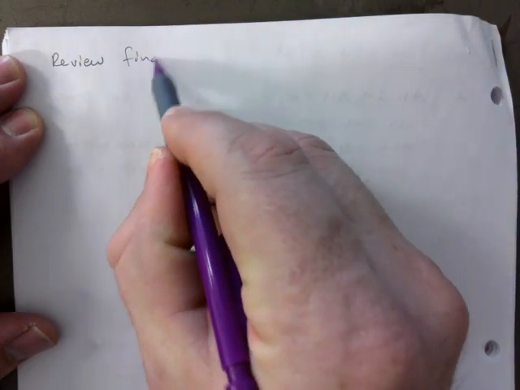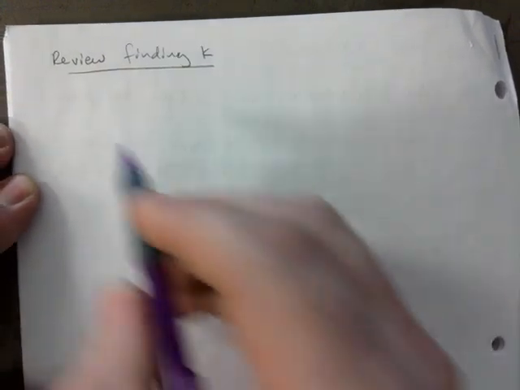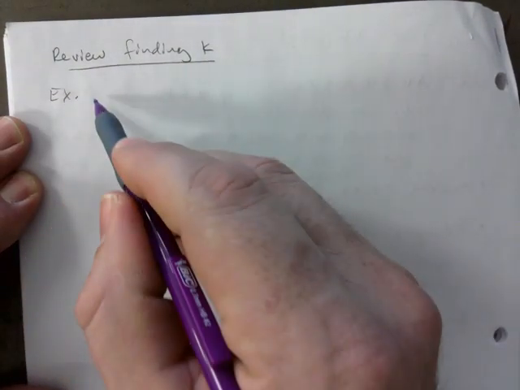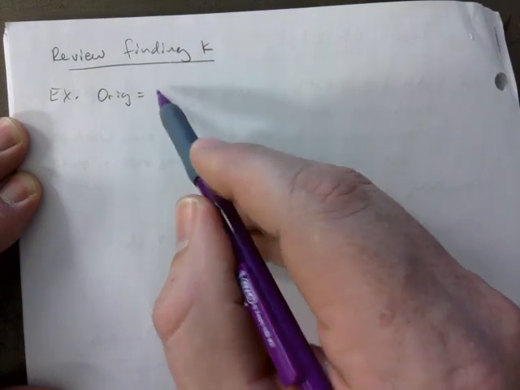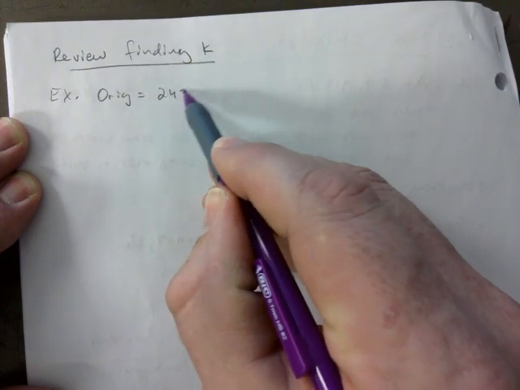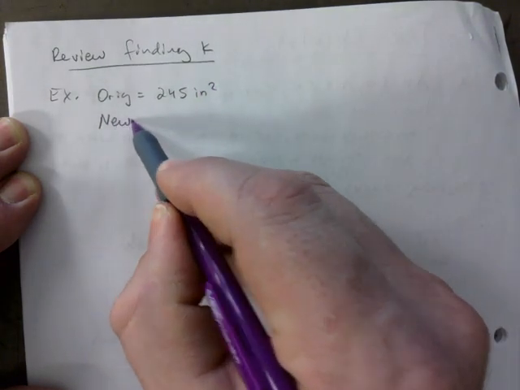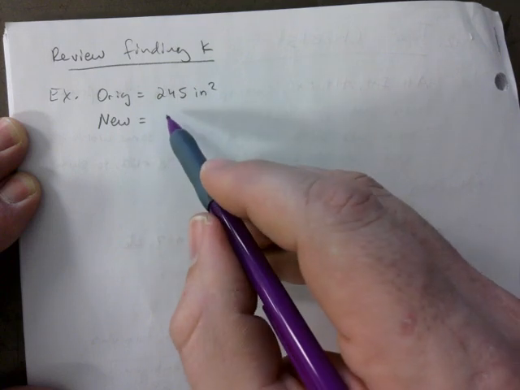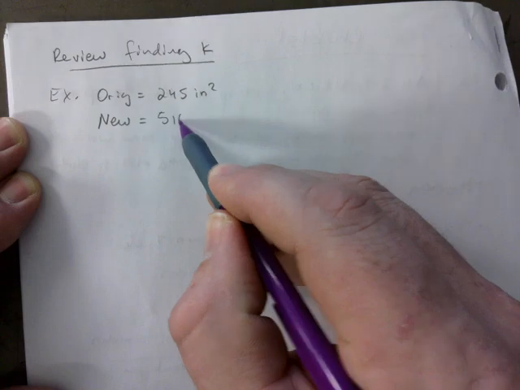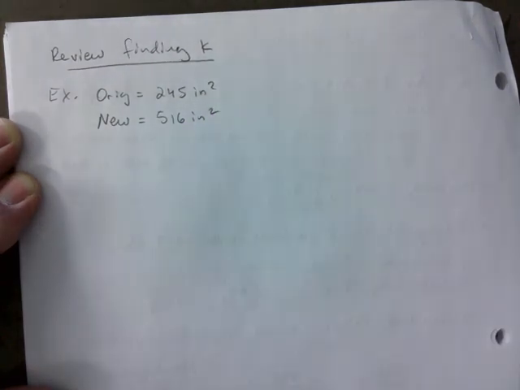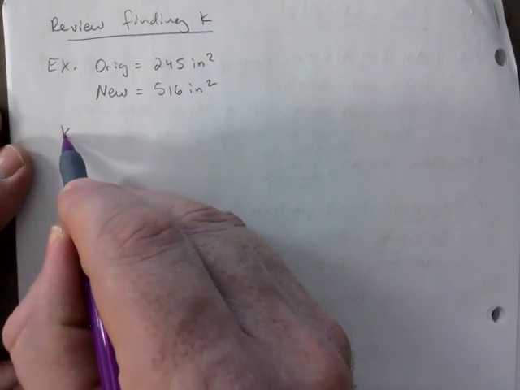Review finding K. So example, the original shape or whatever is being talked about is 245 squared inches. The new shape will be enlarged, let's say 516 squared inches. What's the scale factor?